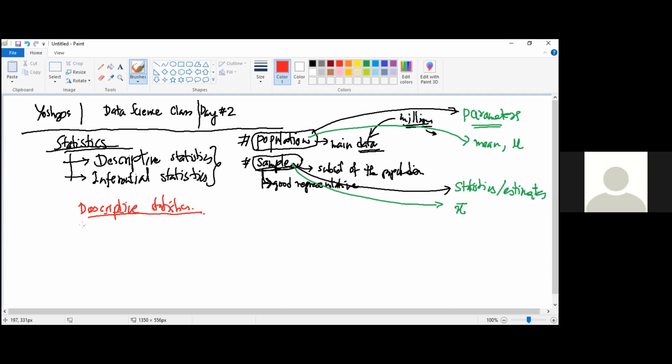When we say descriptive statistics, we will be talking about some measures of central tendency. These are proper statistical terms. Some measures of dispersion.